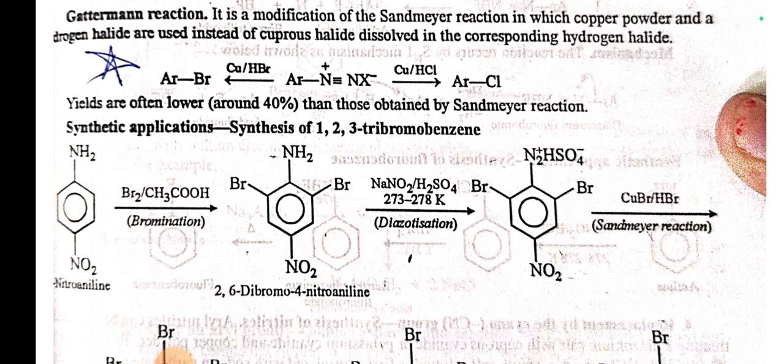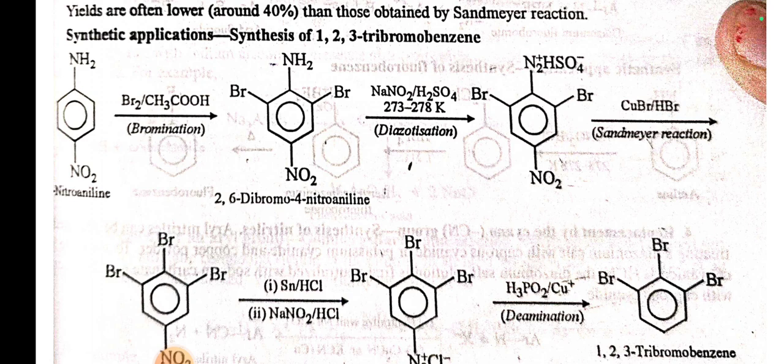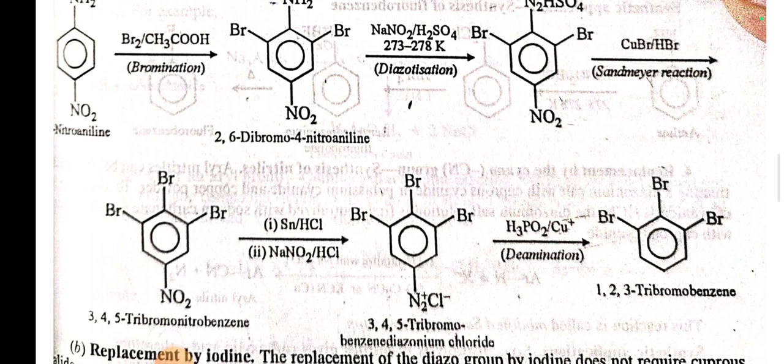Synthetic applications. Synthesis of 1,2,3-tribromobenzene. Para-nitroaniline reacted with Br2/CH3COOH, bromination, gives 2,6-dibromo-4-nitroaniline, and reacted with NaNO2/H2SO4 at 273 to 278 Kelvin, diazotization, gives an intermediate, and then reacted with CuBr/HBr, Sandmeyer reaction, gives 3,4,5-tribromonitrobenzene.